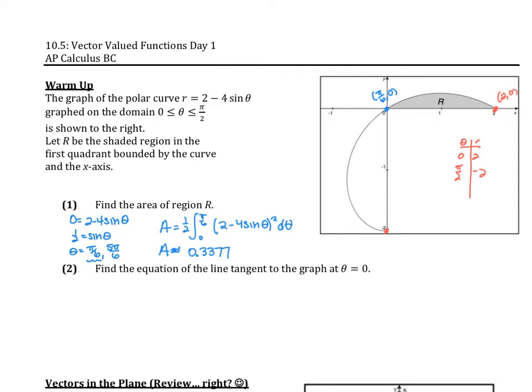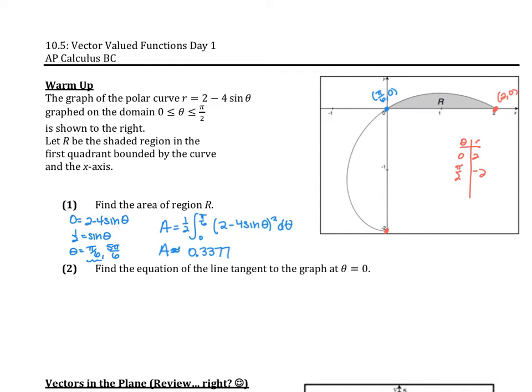Okay, so the next part asks you to find the equation of the line tangent to the graph at theta equals 0. So the first thing I need to do in order to find my equation is a slope and a point. So let's go through and find both the slope and the point.